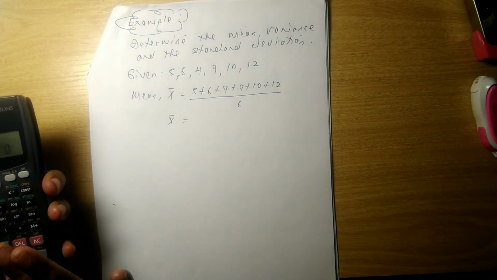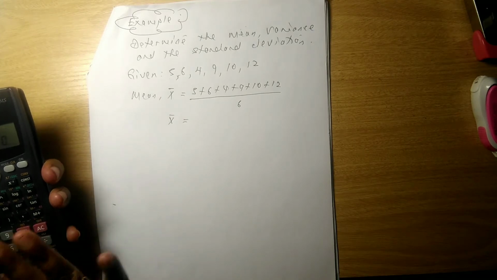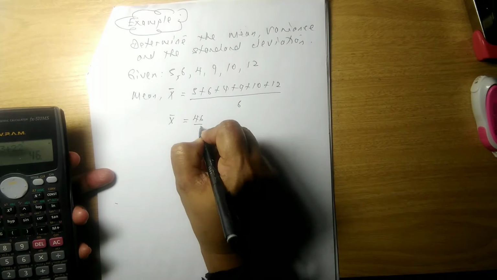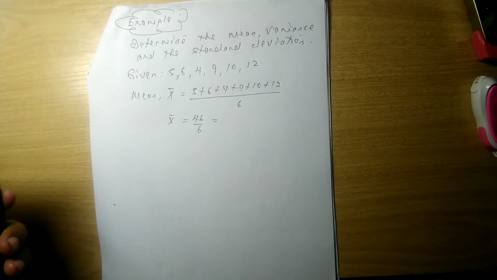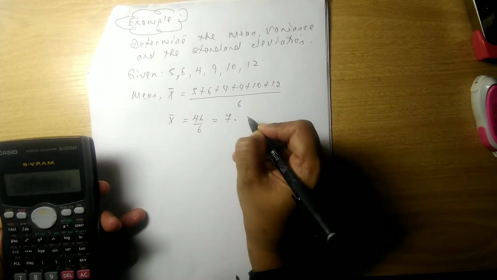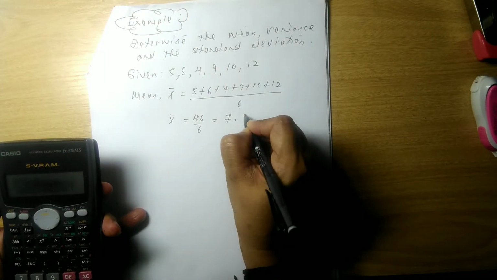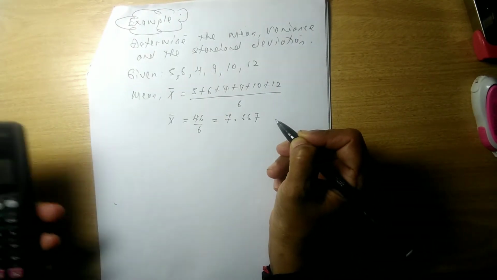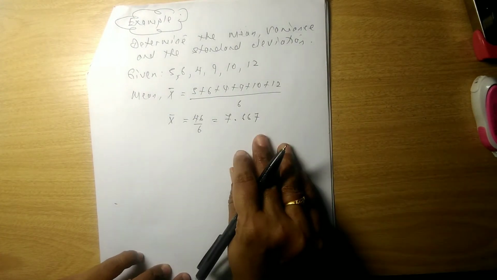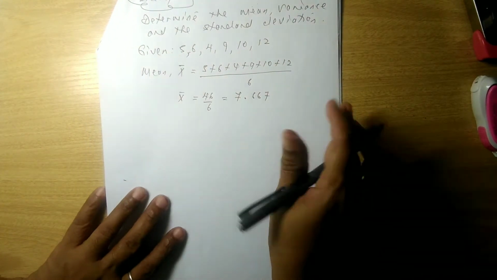So my mean will be 11 plus 13 plus 22, that's about 46 over 6, which gives me, I'll round it off to 3 decimal places, 7.667. So that's my mean value. Now I'm going to find my variance.